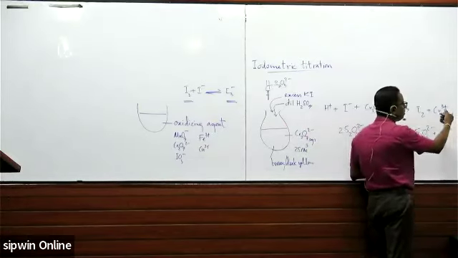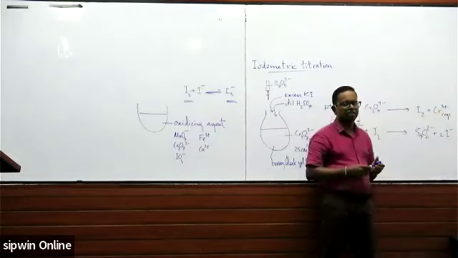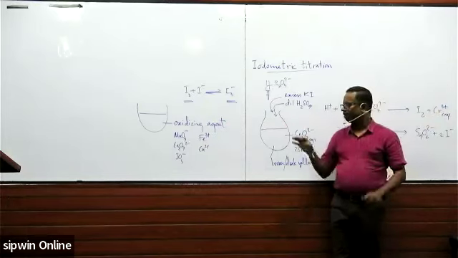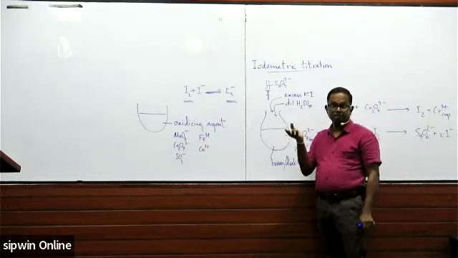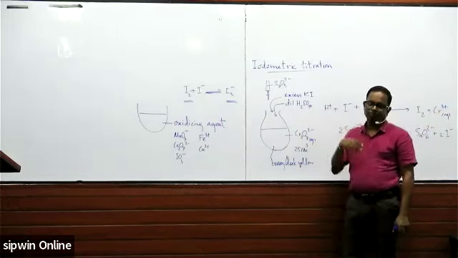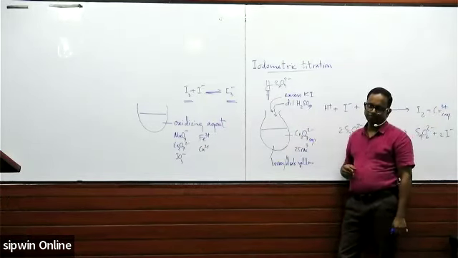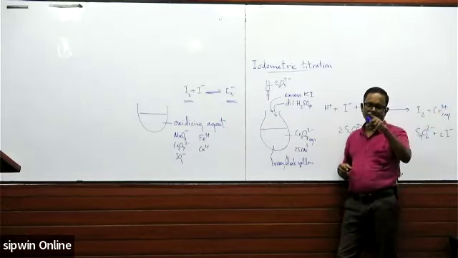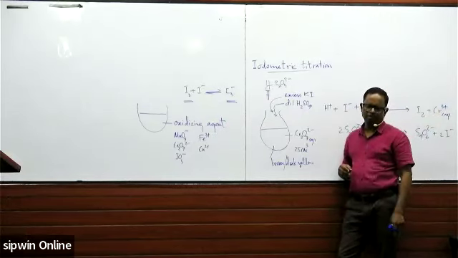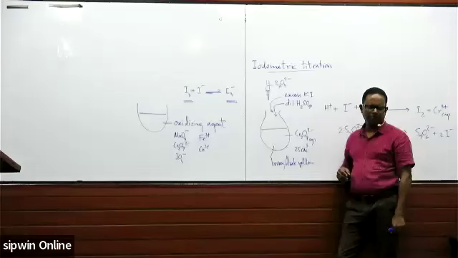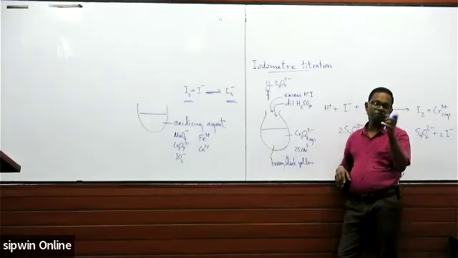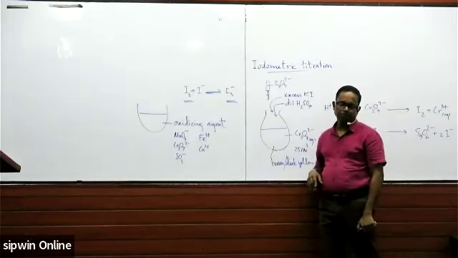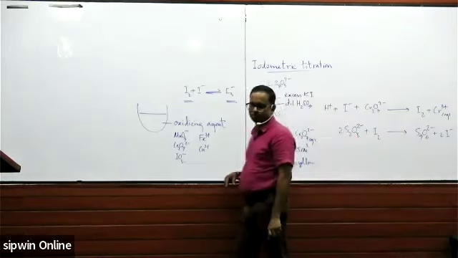Chromium 3 plus in aqueous solution is green in color. Because of that, when the blue color turns colorless, the green color in the solution appears. So in that past paper, the color change you have to write as blue to green, not blue to colorless.